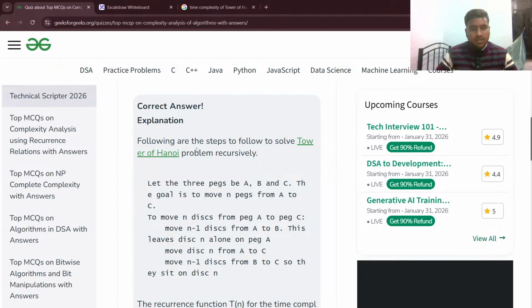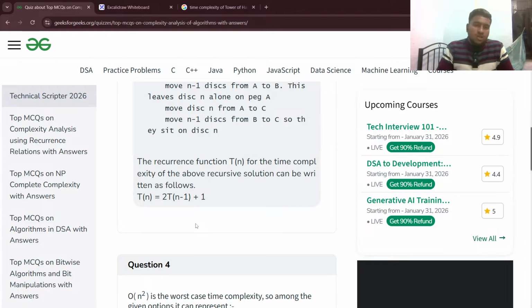Following are the steps to solve the Tower of Hanoi problem recursively. Let there be three pegs A, B, C. The goal is to move n disks from peg A to peg C. Maybe this is a recursion and backtracking problem, that is why the complexity is exponential in nature.